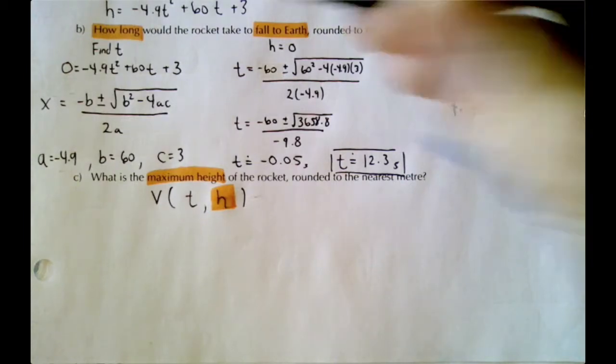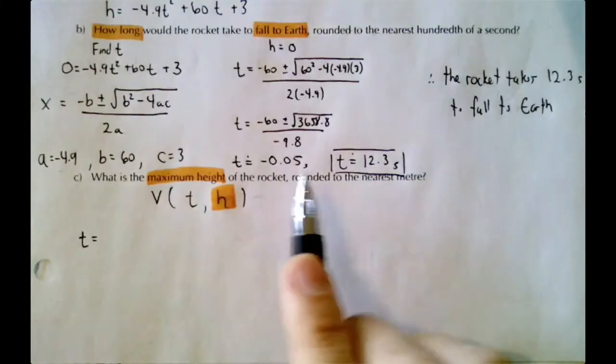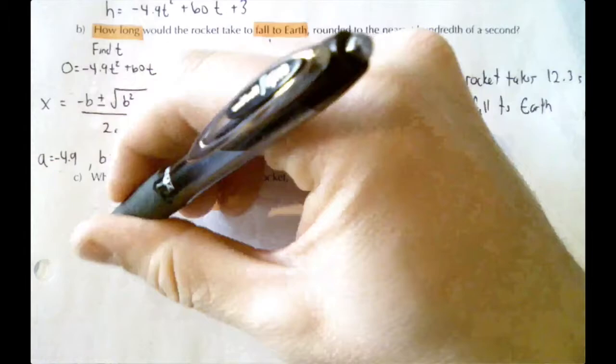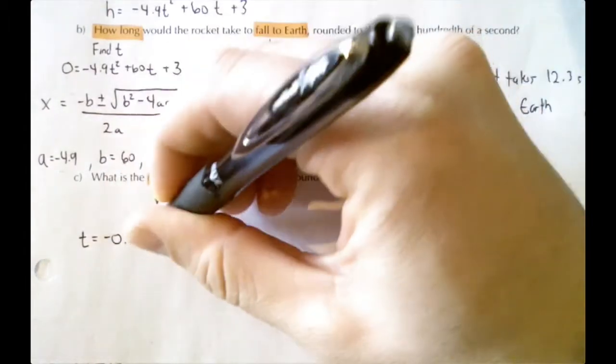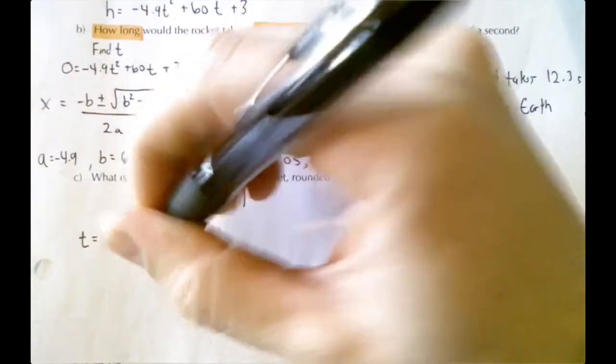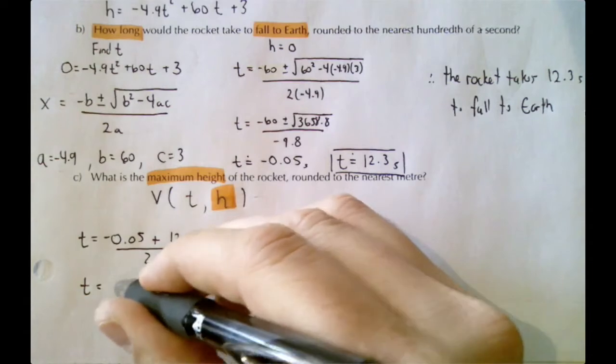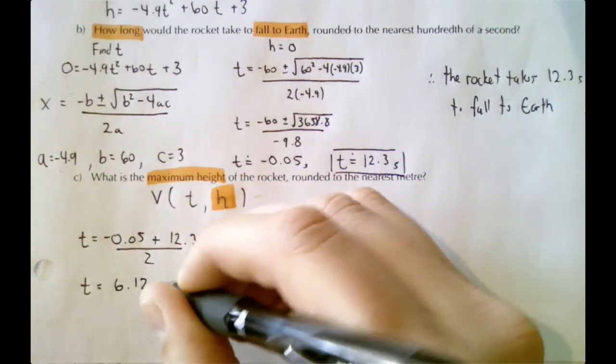So let's do that. Let's find our t by taking our two x-intercepts, or t-intercepts, adding them and dividing by 2. If we do that, we get 6.12 seconds.